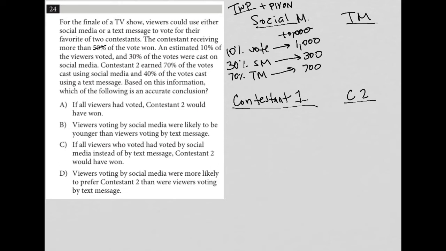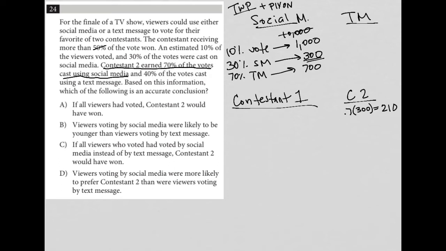So now let's see what the question says about contestant 2. Contestant 2 earned 70% of the votes cast using social media. Okay, well, we know that only 300 votes were cast using social media. So 70% of 300 is just 0.7 times 300, which we throw into the calculator. That is equal to 210. So they got 210 votes from social media.